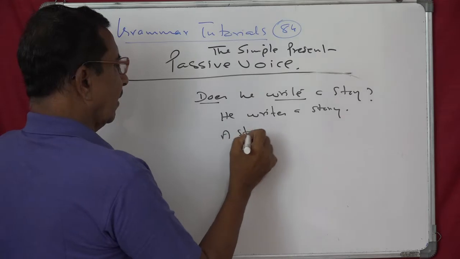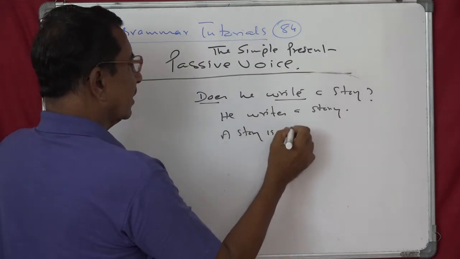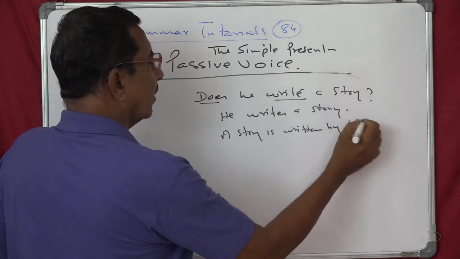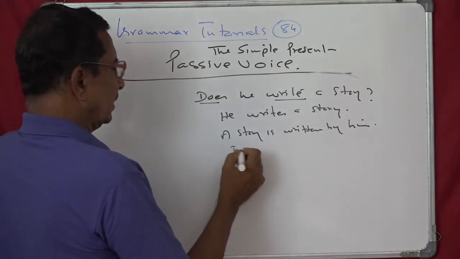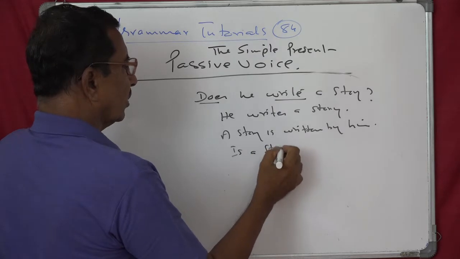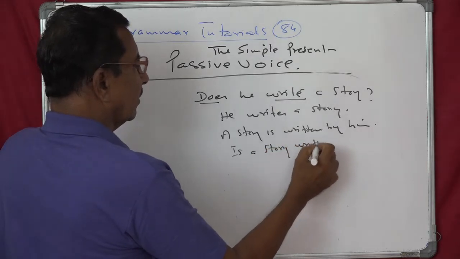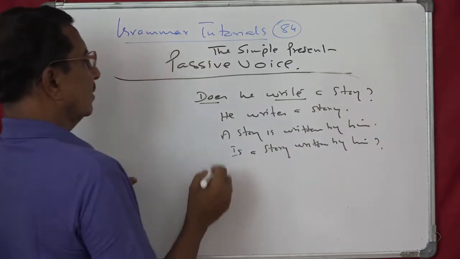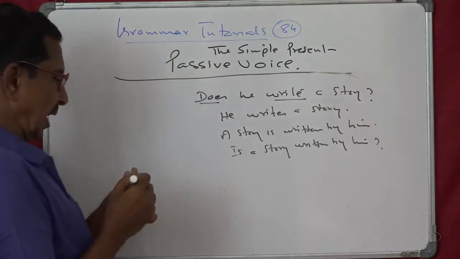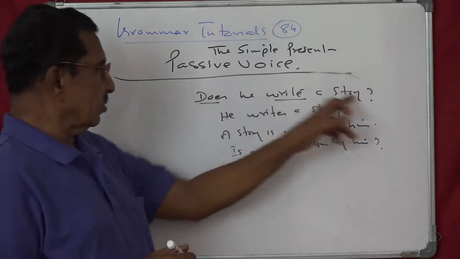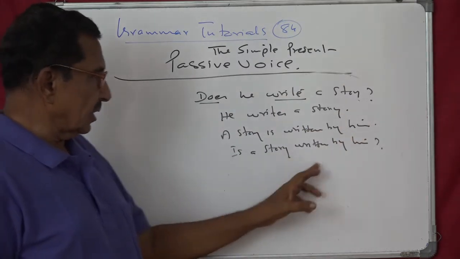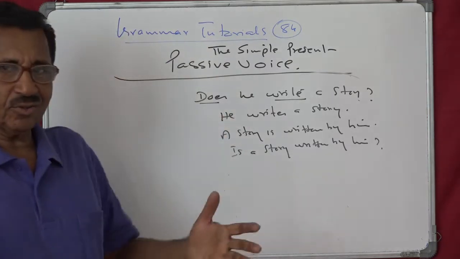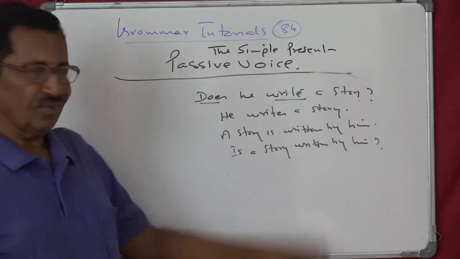A story is written by him. Make it a question. Is a story written by him? Answer. So the answer of does he write a story is a story written by him. The other things I have done step by step just to show you how we arrived at this one.